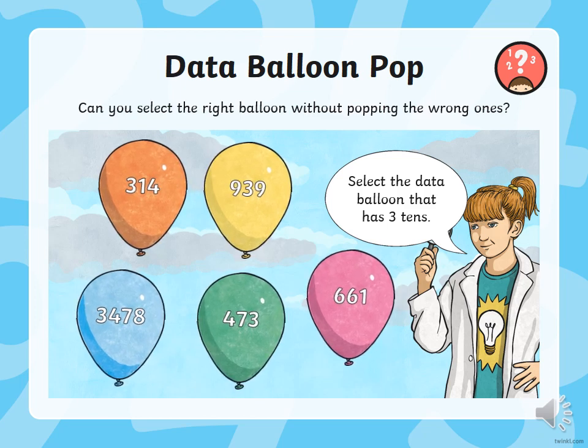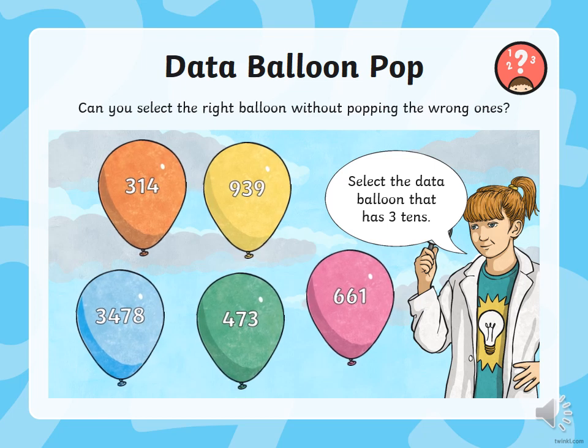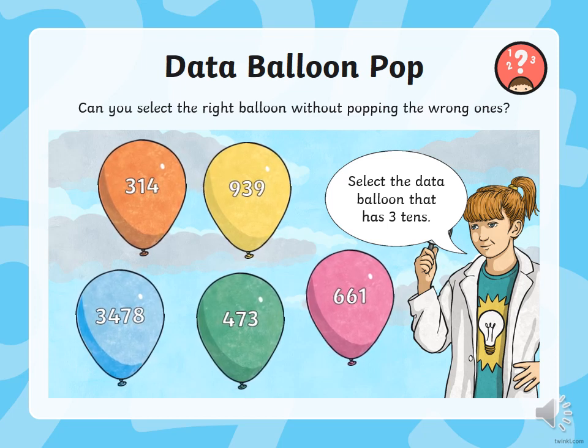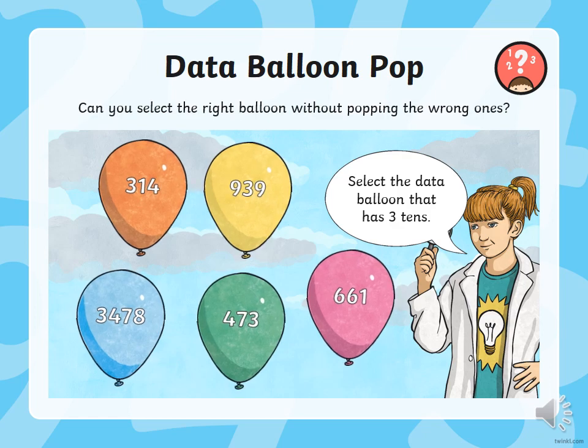We have been using your tens, hundreds, thousands throughout the year in all the different topics, fractions, measurements and everything, so you should be able to identify 3 tens. Pause the video. Which balloon has 3 tens? Excellent. The yellow balloon has 3 tens because it's 939.